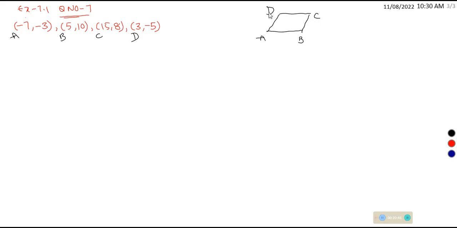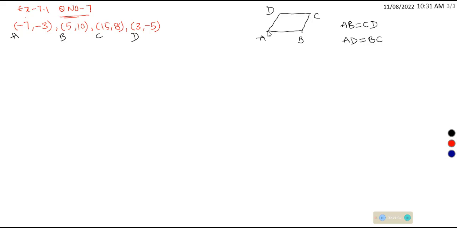Now how will we decide whether these given 4 points are the vertices of a parallelogram? We have properties of a parallelogram. Opposite sides of a parallelogram are equal, so if opposite sides of any quadrilateral are equal, then we can say that the quadrilateral is a parallelogram. That means we have to show here AB is equal to CD and AD is equal to BC.